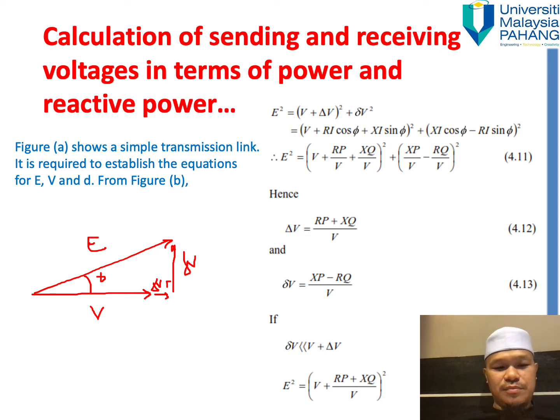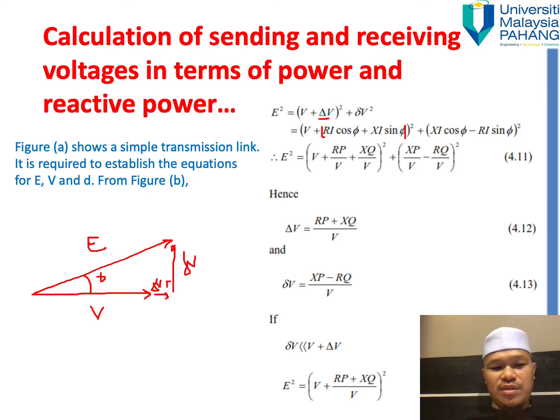We are just using the Pythagorean theorem: E squared equals (V plus delta V) squared plus, as the y axis here, (delta V) squared. And from the figure just now, we can derive and express in terms of Euler technique: delta V equals IR cos phi plus XI sin phi. So we just represent this into this equation.